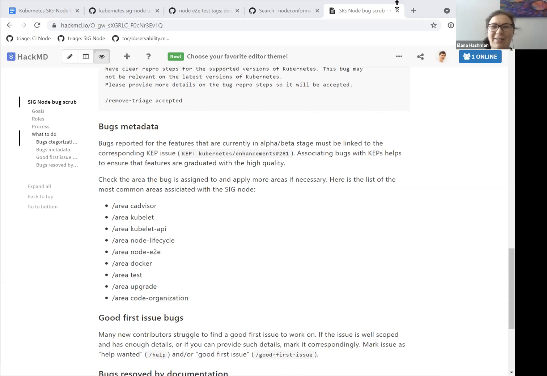As far as anything that is, say, a support request, generally that's not going to be something that SIG Node is going to work on. And a lot of those, for example a support request for an unsupported version of Kubernetes, we can just close that. And if it's a feature request, we can very quickly triage and say, oh, this is already being worked on in this KEP, close.